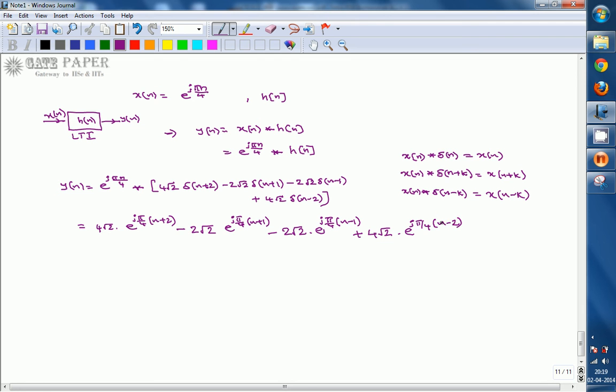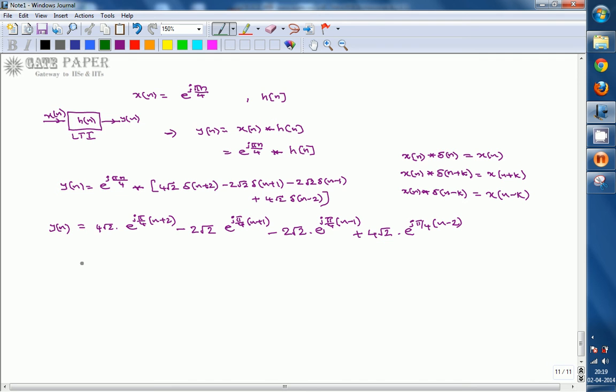So we get the final expression for y of n like this. Now by simplifying this, we will get the answer in simplified form.